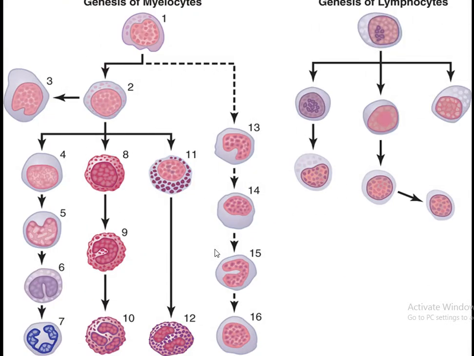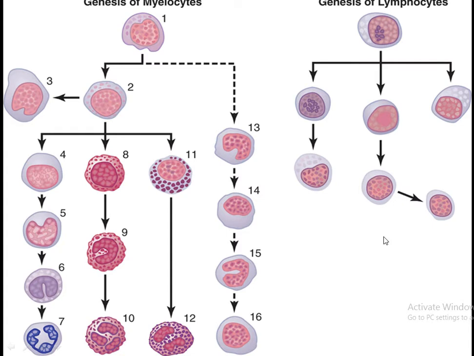Through this picture, you can easily see how the myelocytes are changed to the final WBC and how the lymphocytes are changed to finally this type of the WBC.